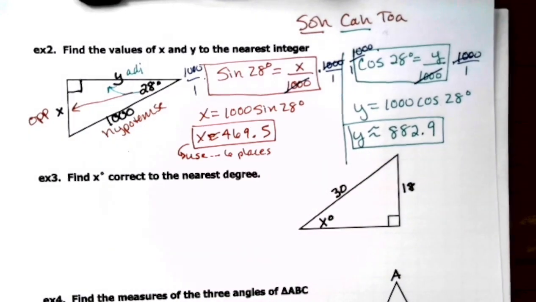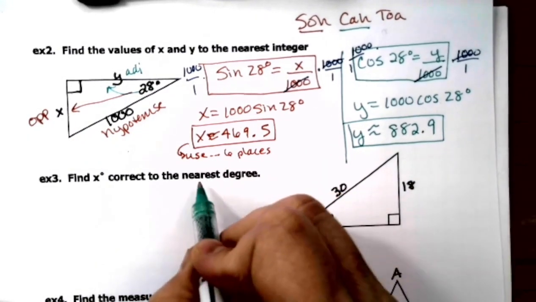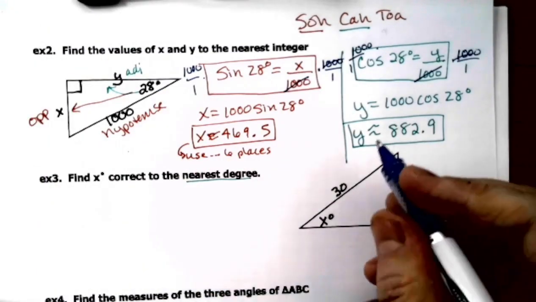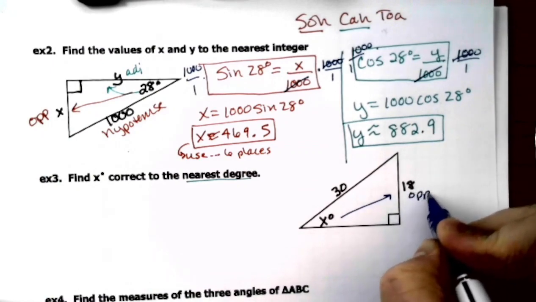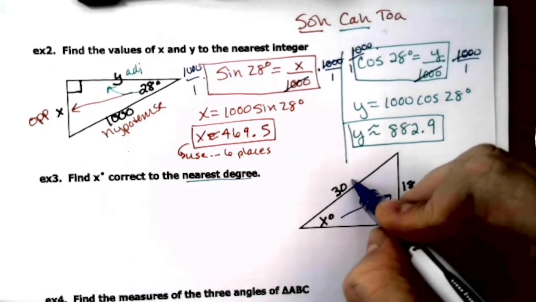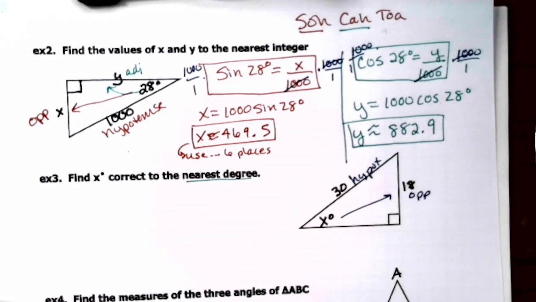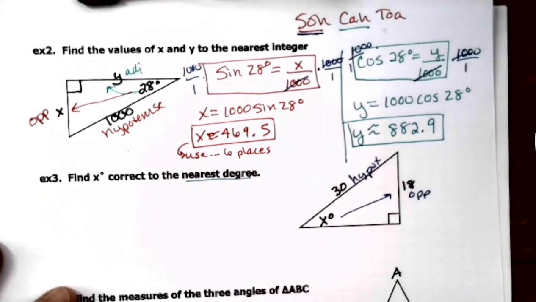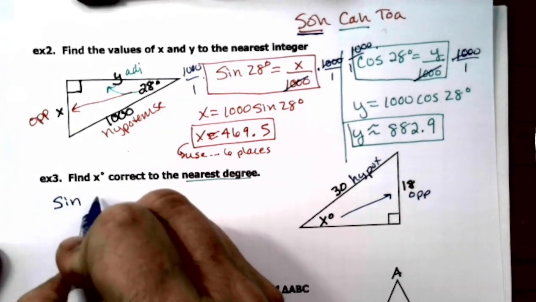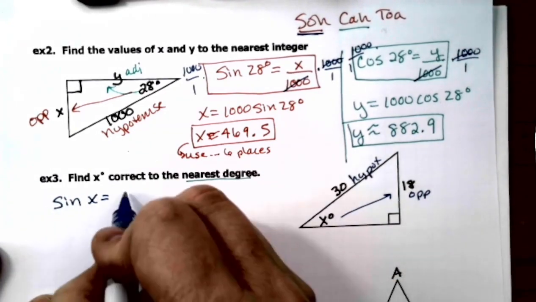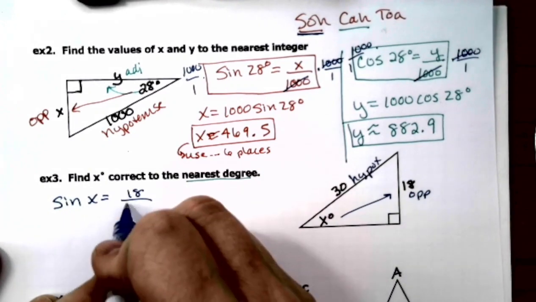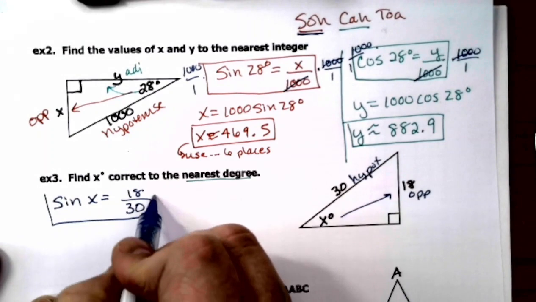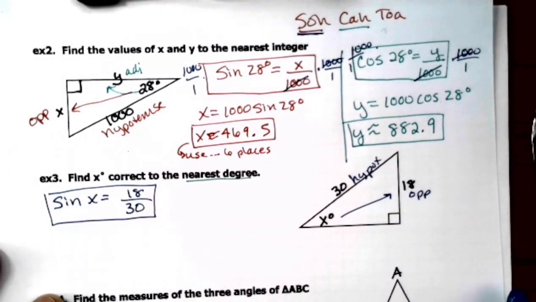All right, let's do example 3. Find x correct to the nearest degree. Okay, so nearest degree. So in the picture, 18 is opposite and 30 is the hypotenuse. So opposite and hypotenuse is sine. So we're going to do sine of x equals opposite, which is 18, over hypotenuse, which is 30. Now I'm not going to worry about reducing that because when I calculate it, it's going to come out the same.